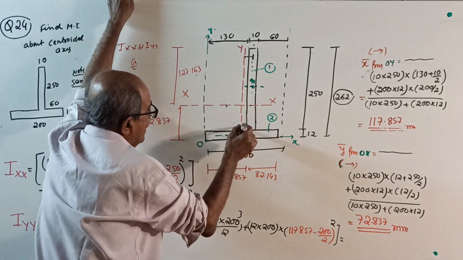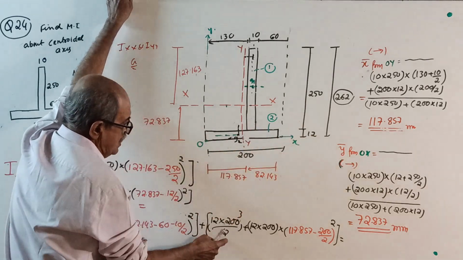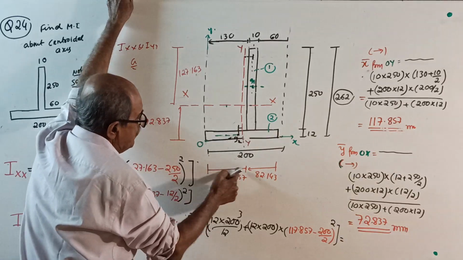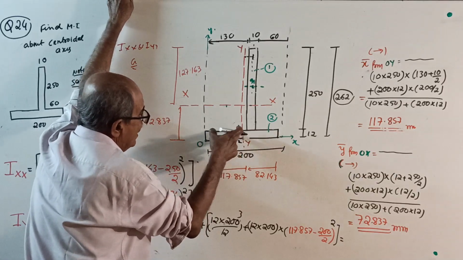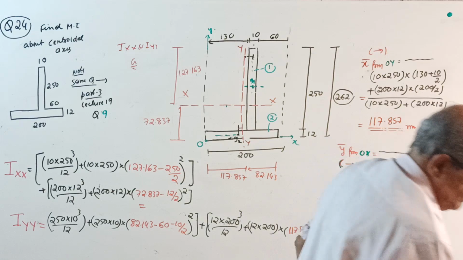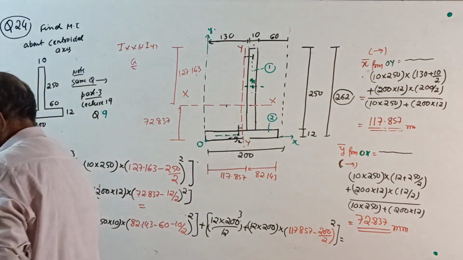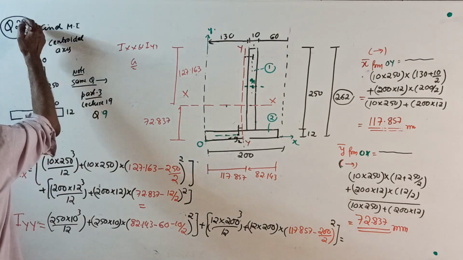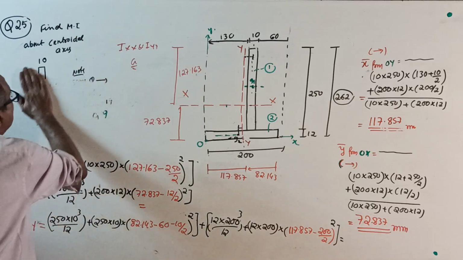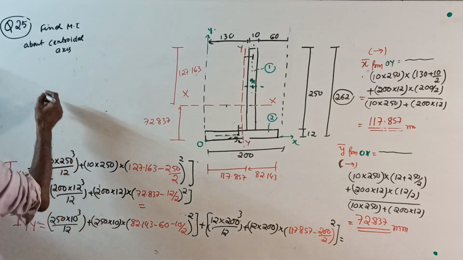For this one, I about its own axis, 12 into 200 cube by 12 plus area into this distance square, 117.857 minus half of 200. Yes, you get Ixx and Iyy. Now, question 24 over. I will close now. Question 25. Same question, but remember, this time it is symmetrical section.